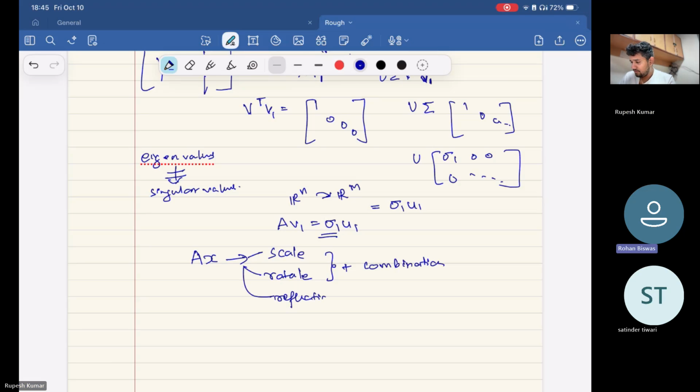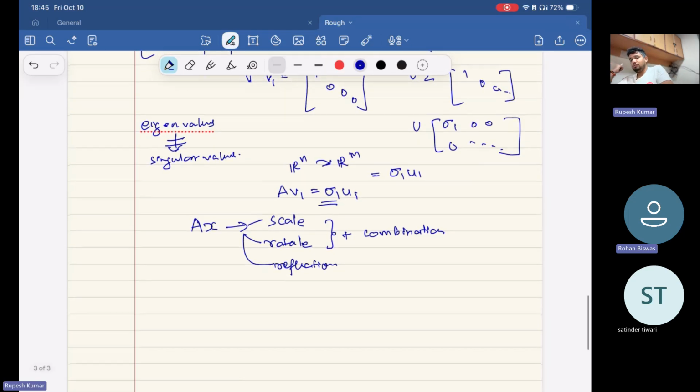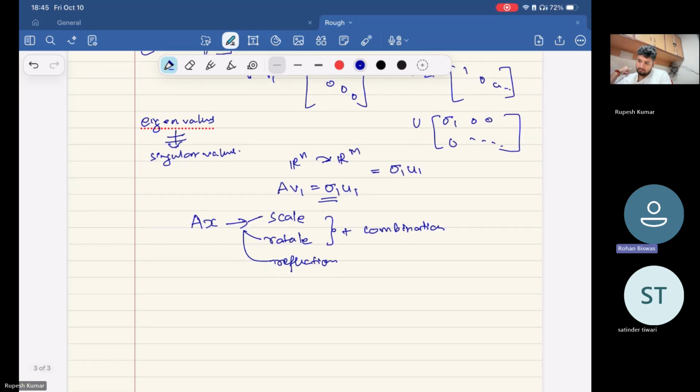That is for a square matrix. But if it is a rectangular matrix and m is greater than n, let's say a 7 by 3 matrix, then we are moving from R3 to R7. So it is not only scaling and rotation that happens.